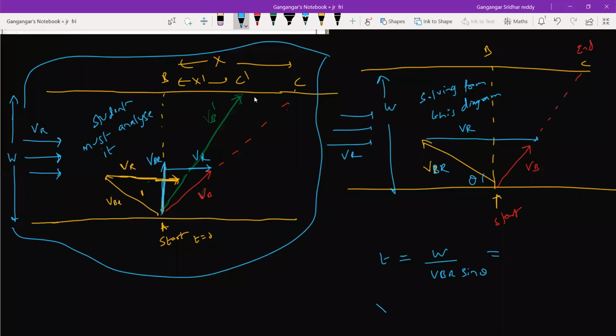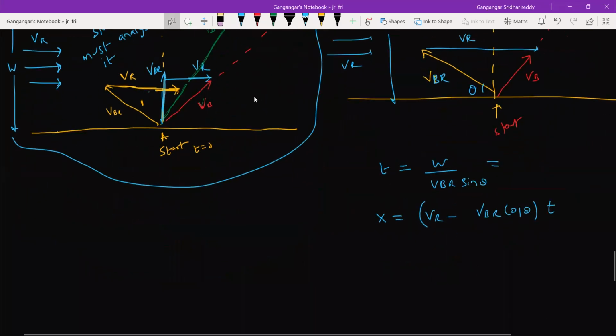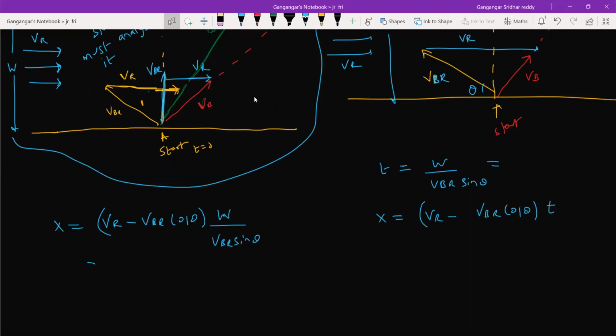Okay, now what is the expression for drift? Vr minus Vbr cos theta into t. Shall I write directly? Vr minus Vbr cos theta. This one. So let me substitute that value: x equals Vr minus Vbr cos theta, and t is W by Vbr sine theta.